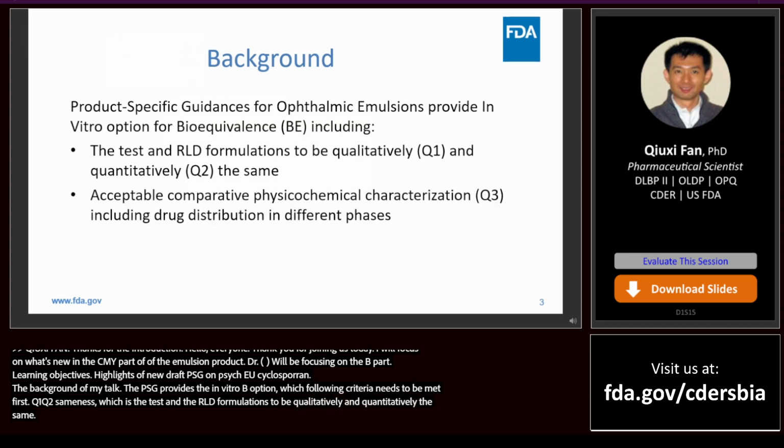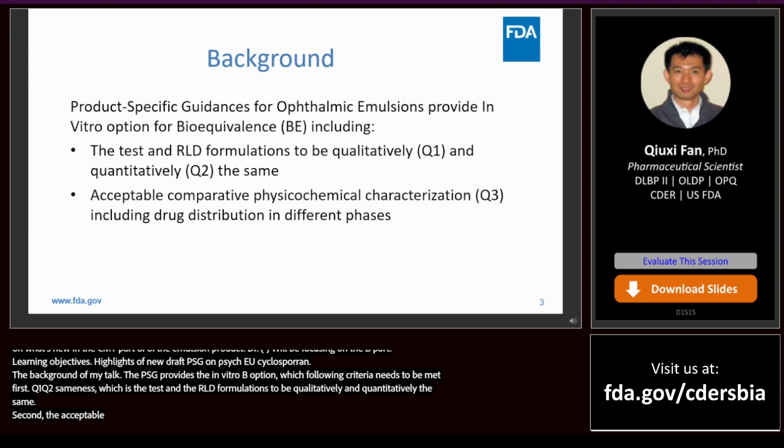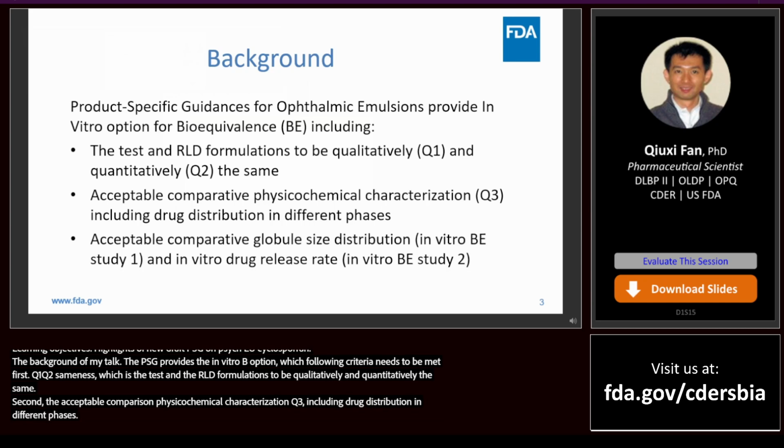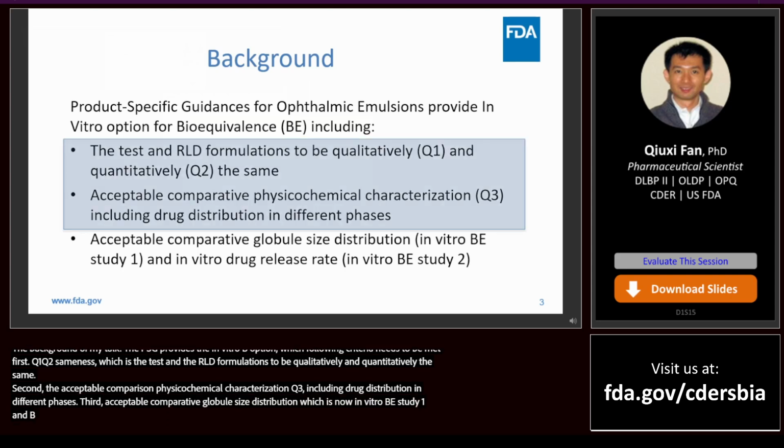Second, acceptable comparative physical-chemical characterization, Q3, including drug distribution in different phases. Third, acceptable comparative globule size distribution, which is now in vitro BE study 1 and BE study 2. Again, I will focus on the first two criteria.